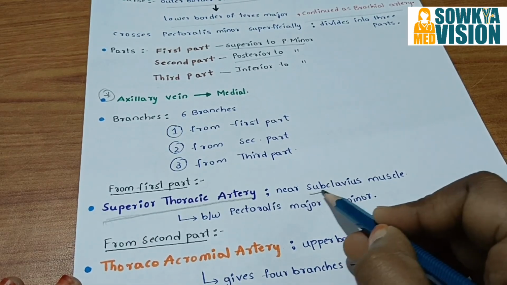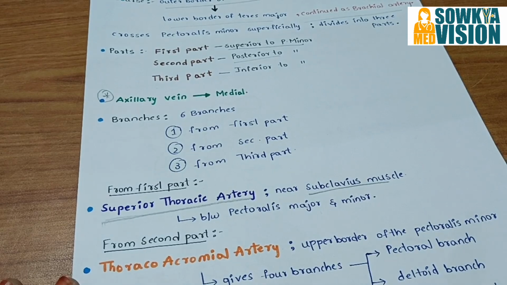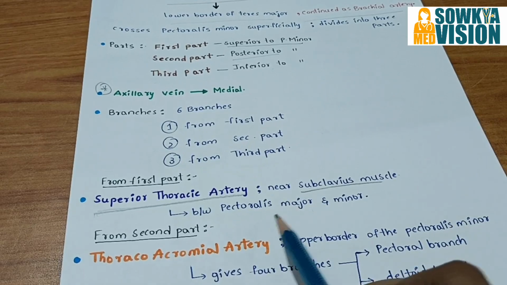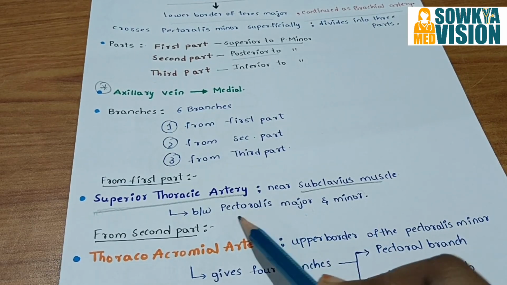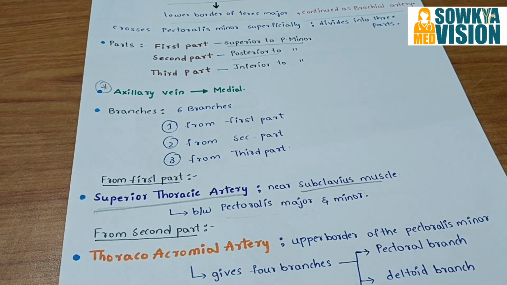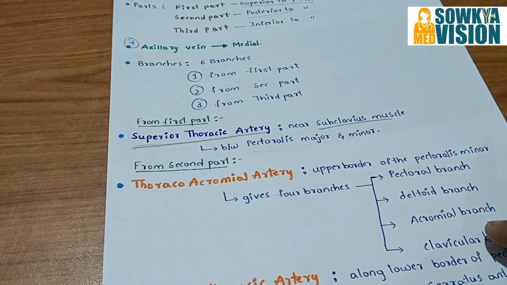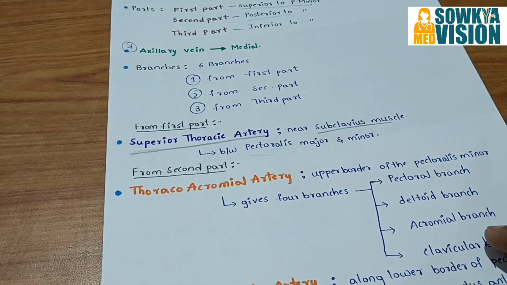It is present near the subclavian muscle and extends between pectoralis major and minor, supplying both muscles.